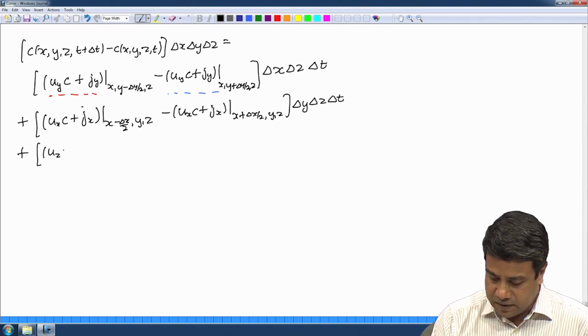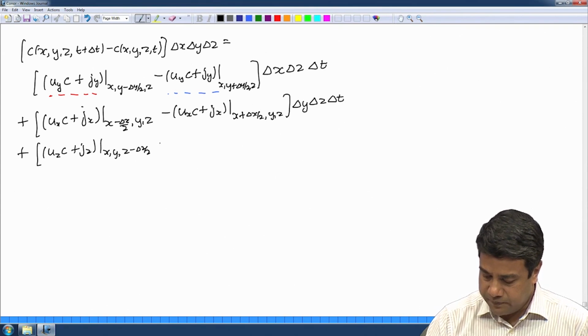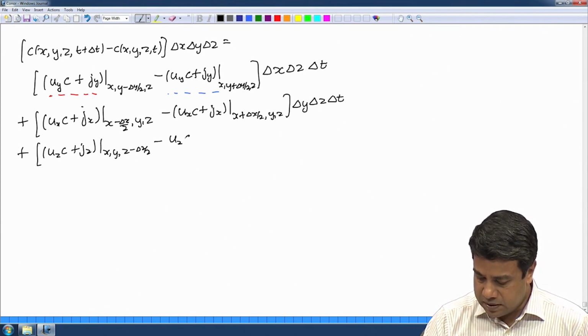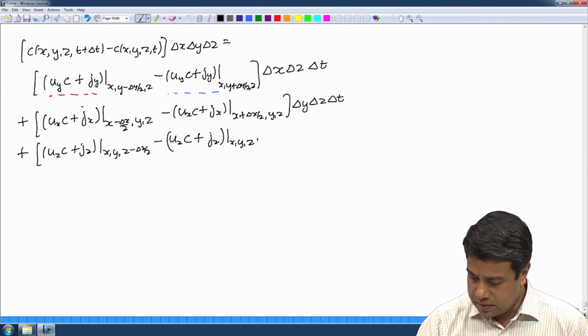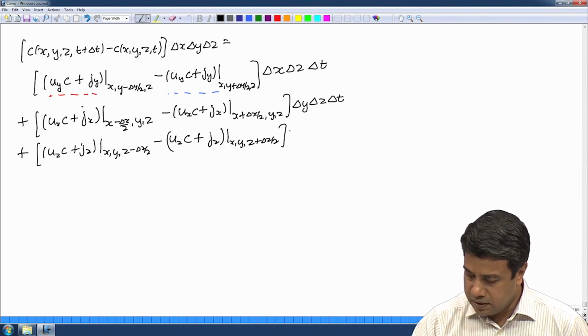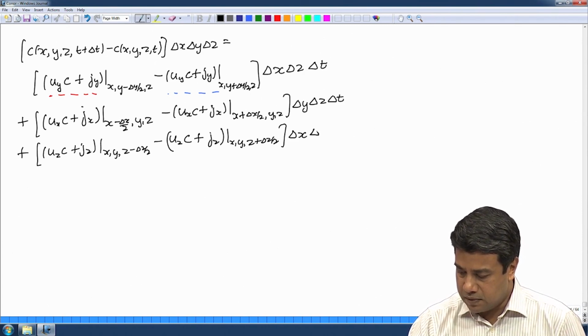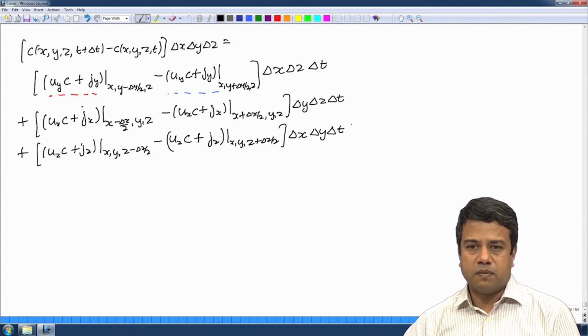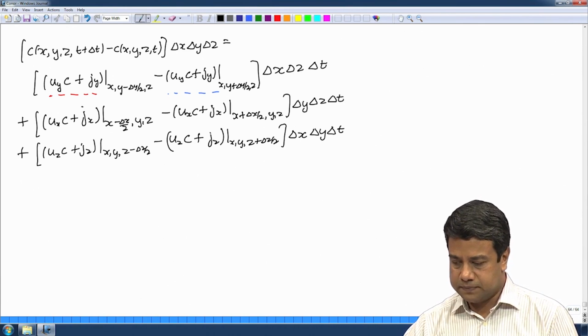The bottom face first, uz c plus jz at x, y, z minus delta z by 2, minus uz c plus jz at x, y, z plus delta z by 2. In this case the surface area is going to be delta x, delta y, delta t. The bottom and top faces are along the xy plane, so the surface area is delta x times delta y.